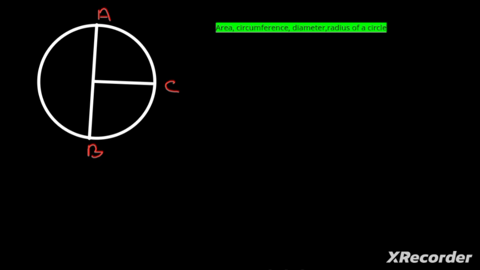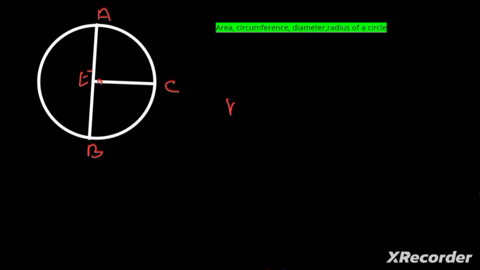So let's mark this point to be E. So we denote radius with small r, not capital R, small r.